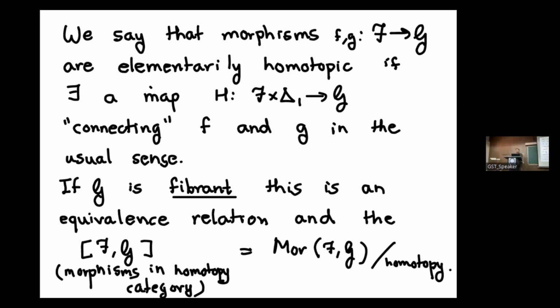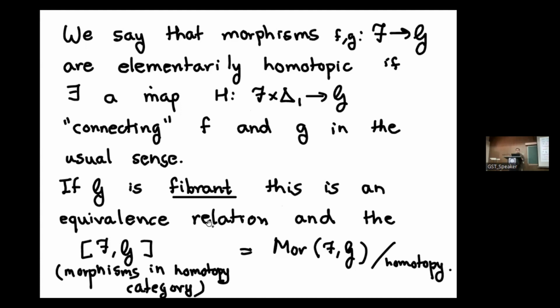So to really understand morphisms mapping into your simplicial set in the homotopy category, you have to replace your simplicial set by a Kan complex, which is the fibrant object in that context.